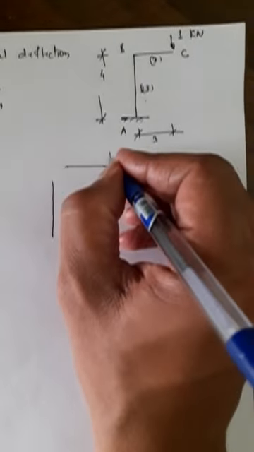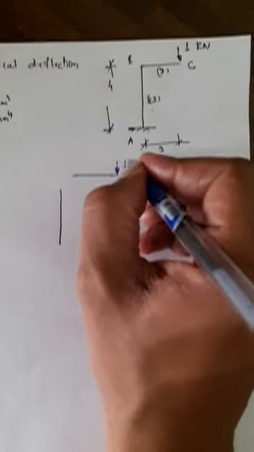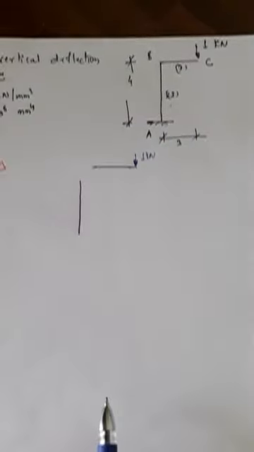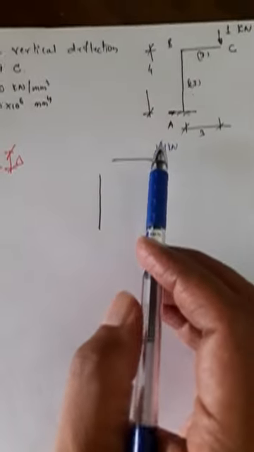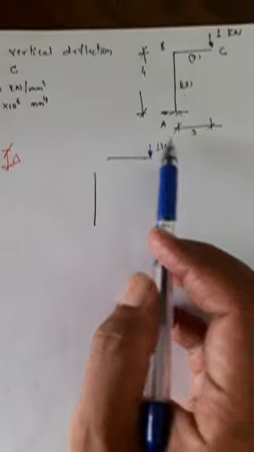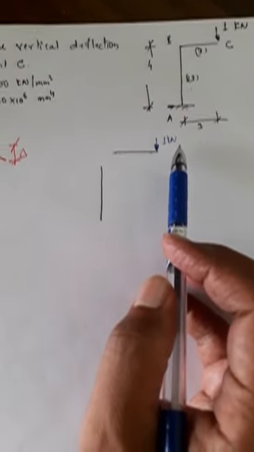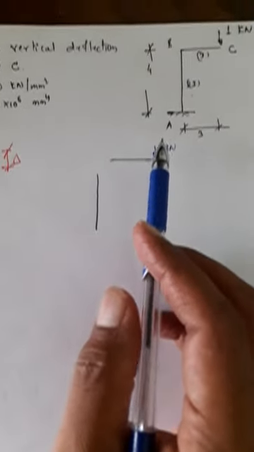Now for this, apply the given loads. Now your given load is 1 kilonewton. First, let me apply equations of equilibrium for this vertical load. When I want to make this member BC in equilibrium, I have to write summation V is equal to 0, summation of vertical force is 0.